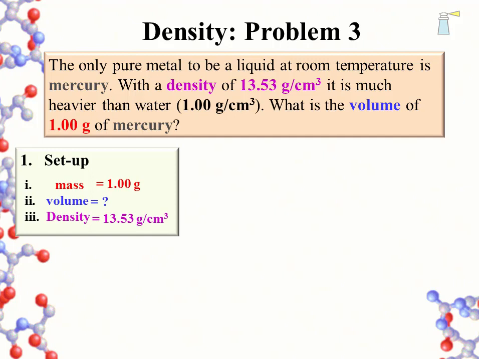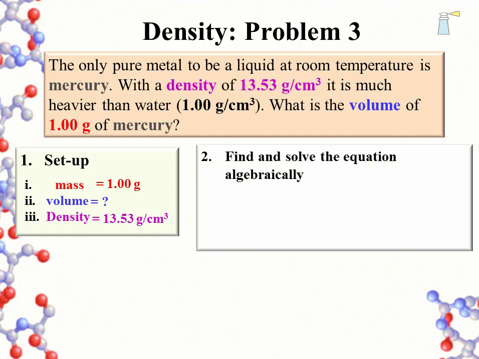That completes step 1. Step 2. Find and solve the equation that relates the unknown and the known quantities in the setup, and then solve that expression algebraically. That relationship is the definition of density, just as it was in the previous 2 problems. D equals m over v.